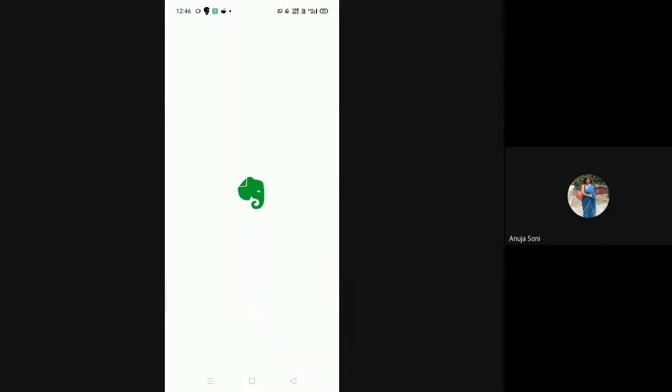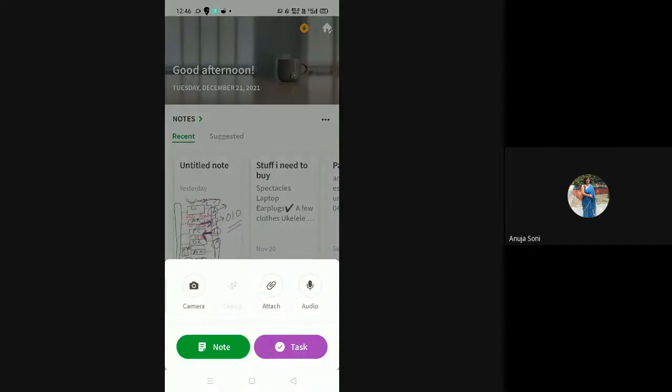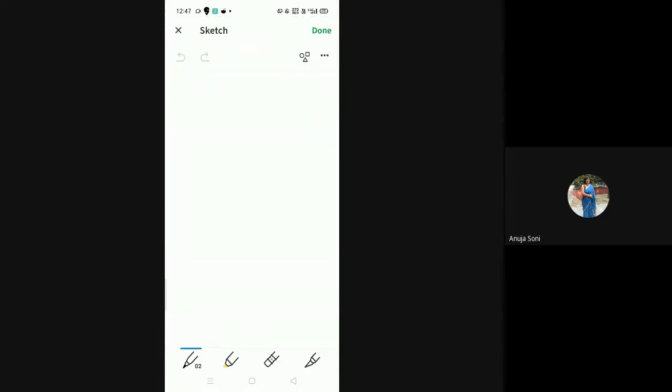Latasha is writing down. I have done all the practicals of arithmetic operation. Very good, Latasha. Is the screen visible? Yes, it is visible.